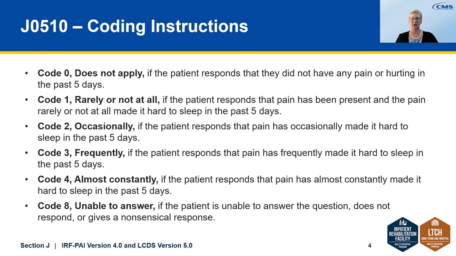Code 2, occasionally, if the patient responds that pain has occasionally made it hard to sleep in the past 5 days. Code 3, frequently. Code 4 for almost constantly. And you'll use code 8, unable to answer, if the patient is unable to answer the question, does not respond, or gives a nonsensical response.